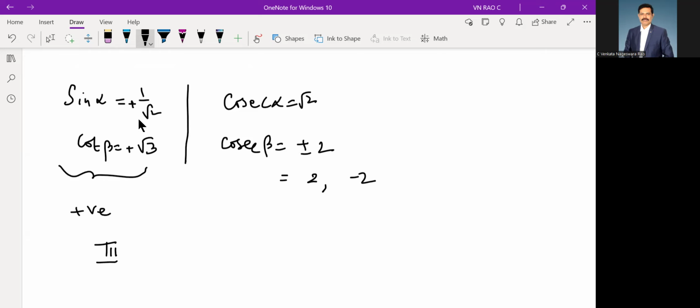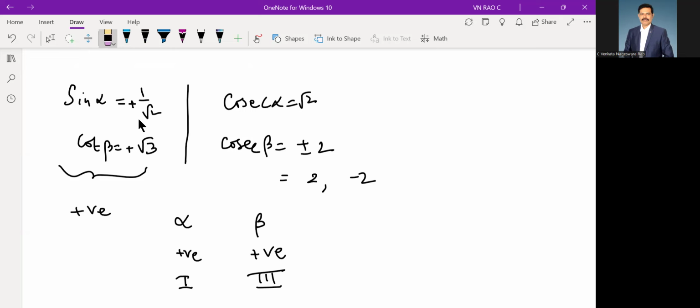Nothing is mentioned about whether all the ratios are positive or negative. But as there are two angles, alpha and beta, alpha is positive, so we can consider this as quadrant 1. Beta is positive, so we can consider this to be the third quadrant.